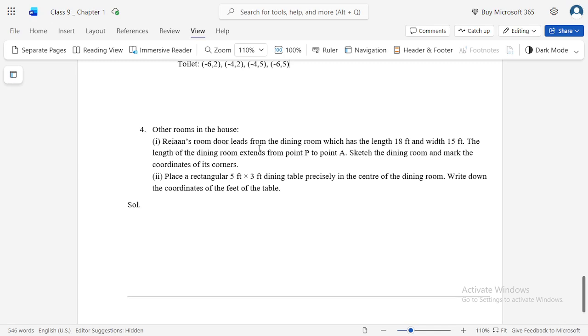Rian's room door leads from the dining room, which has length 18 feet and width 15 feet. So basically this is 18 by 15, right? And the length of the dining room extends from point P to point A. Sketch the dining room and mark the coordinates of its corners.